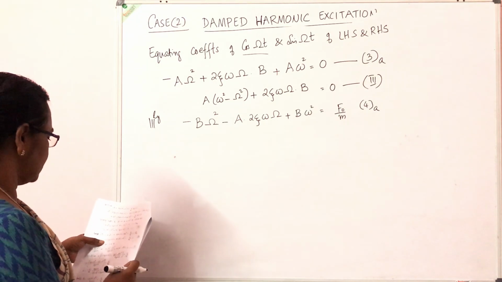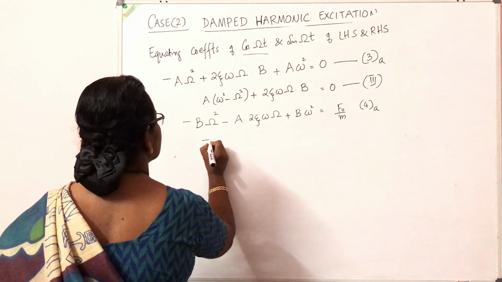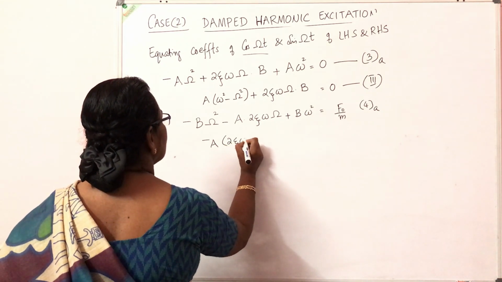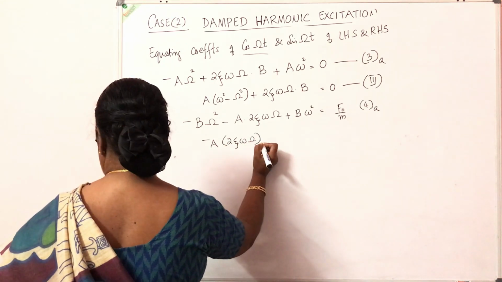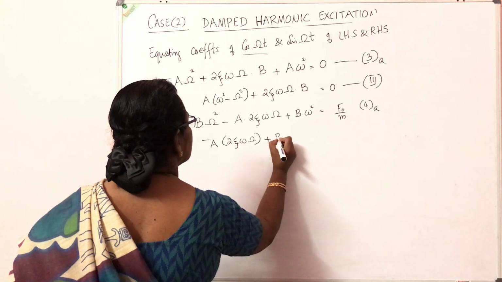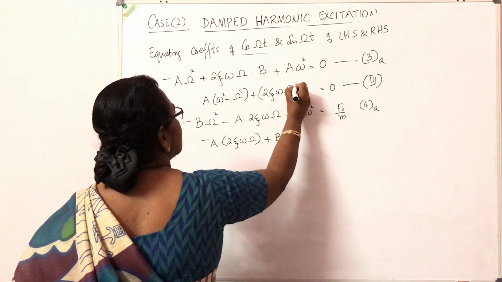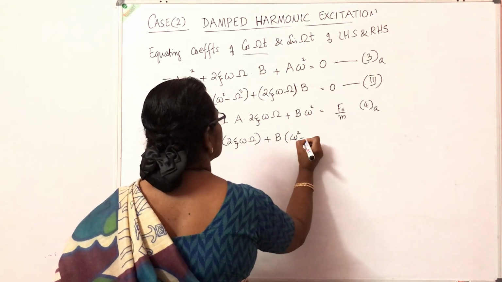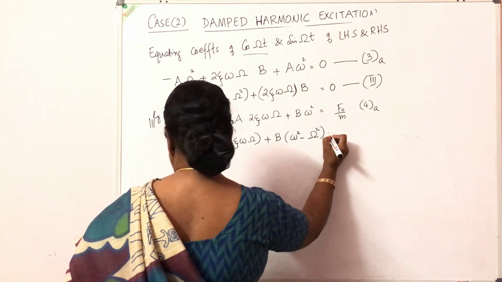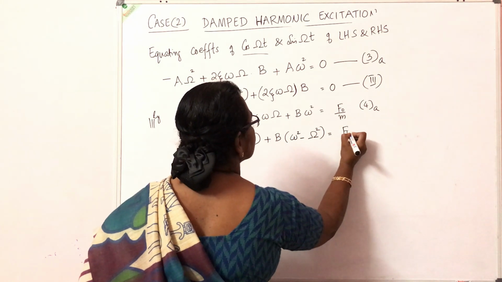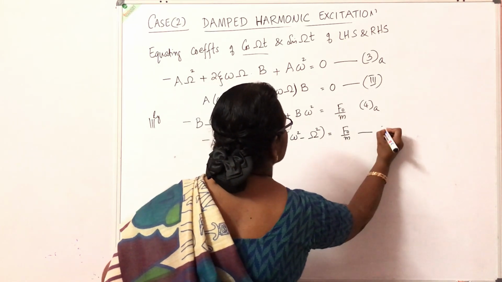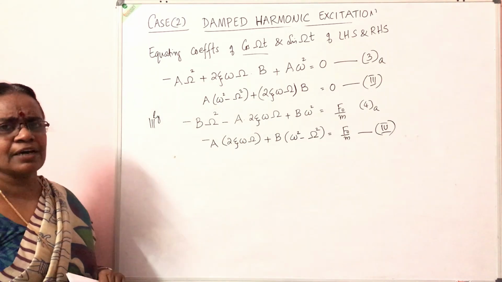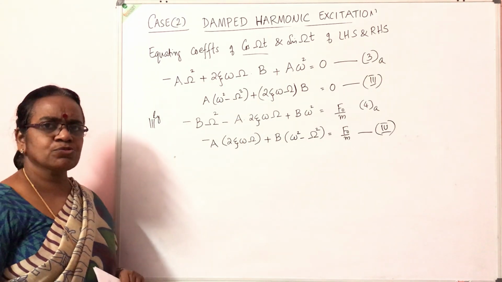Once again rearranging it, we'll get minus A 2 psi omega capital omega plus B into (omega square minus capital omega square) is equal to F0 by M. So this is just rearranging the terms on either side, comparing similar terms on both sides.